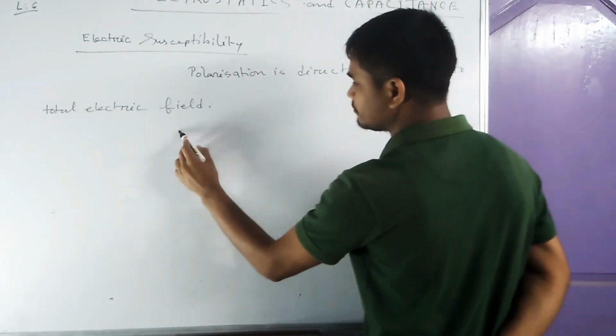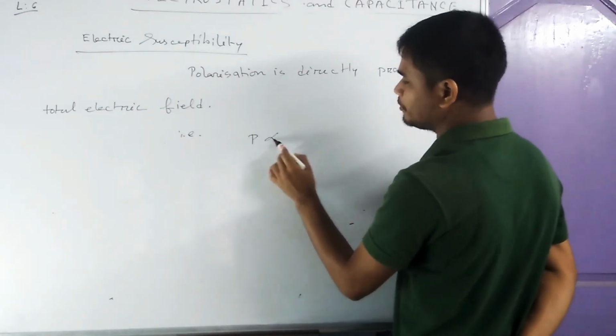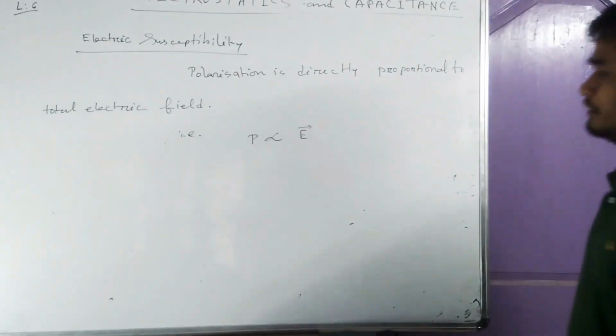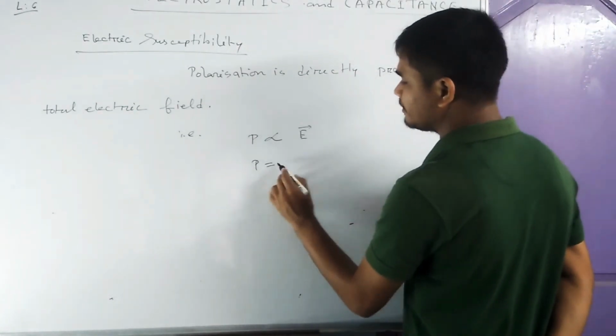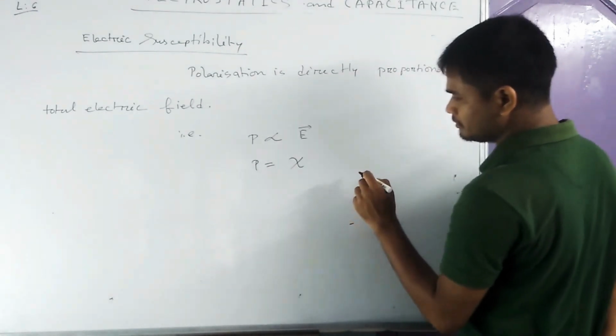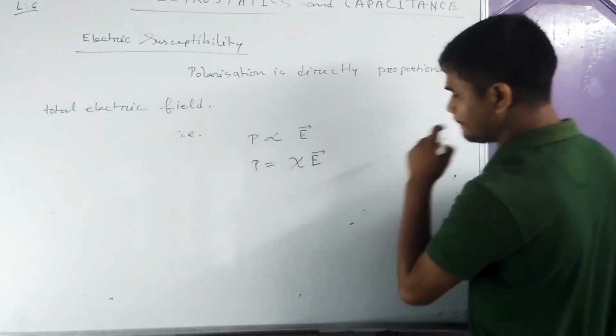That is, polarization P is proportional to the applied electric field E. So we can write P is equal to chi E.